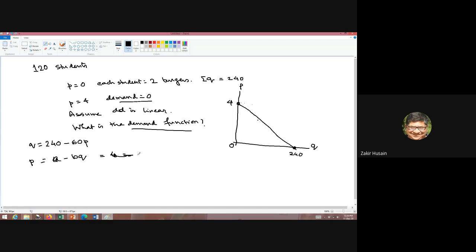So you'll get two equations. Price is 0, quantity is 240. You can solve them to get A and B, and you will get this equation.